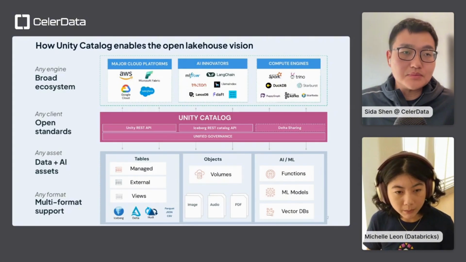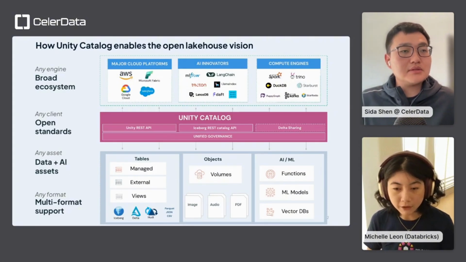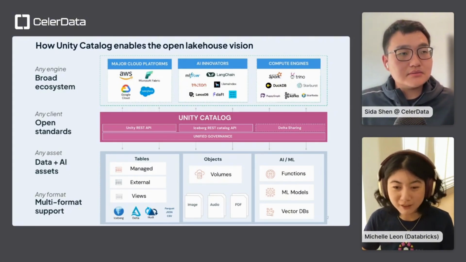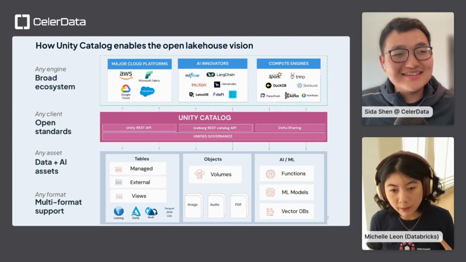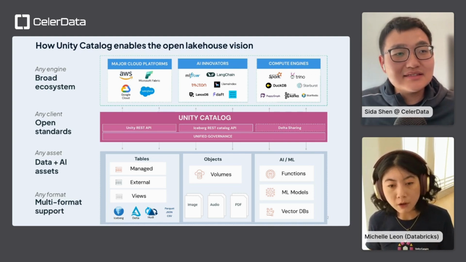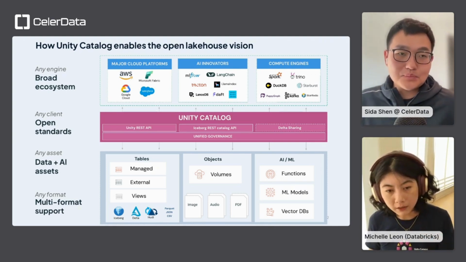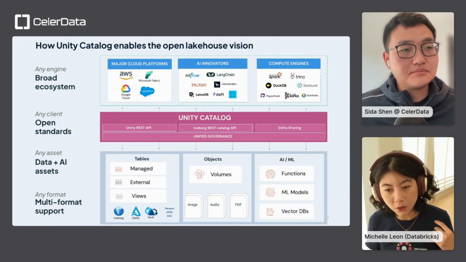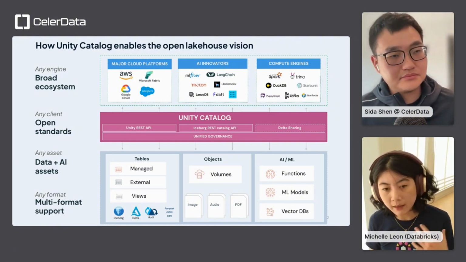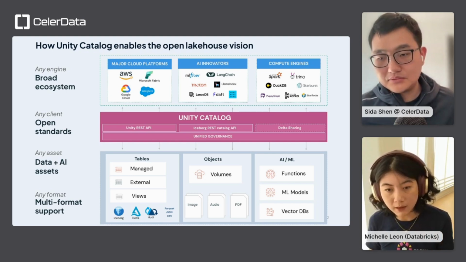And so a little bit of what this looks like under the hood, although I should say this is obviously not an actual services architecture diagram, but a little bit about what the structure looks like is that you have Unity Catalog here. It's exposing these open interfaces, so the Unity REST APIs, the Iceberg REST Catalog APIs as well.